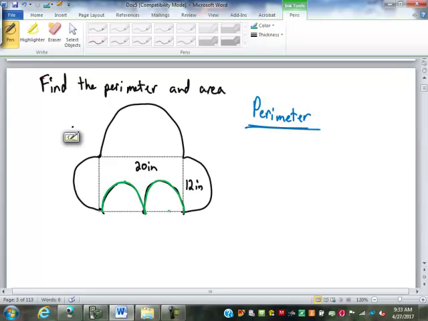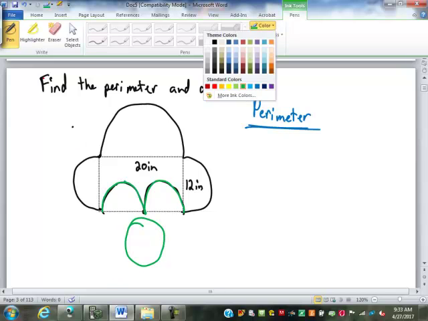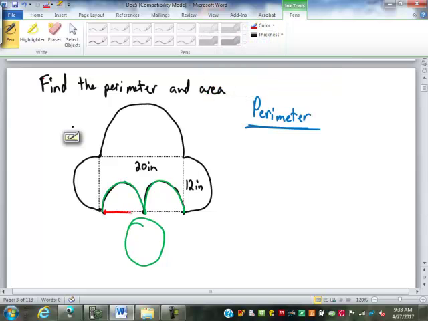First of all, those are 2 half circles. I can put them together to make one whole circle. The diameter across there is this distance, must be half of the 20. So that is a full circle with a diameter of 10 inches.